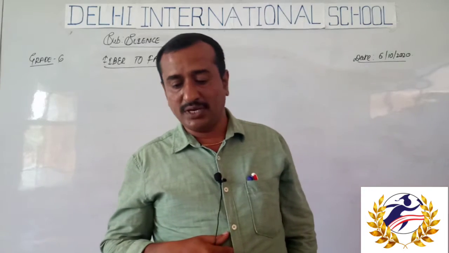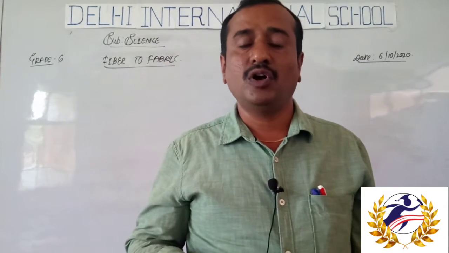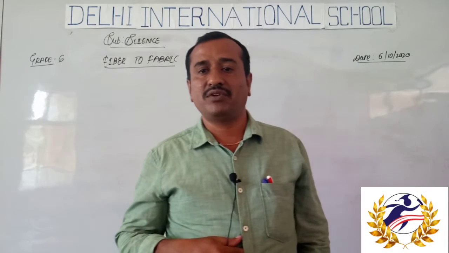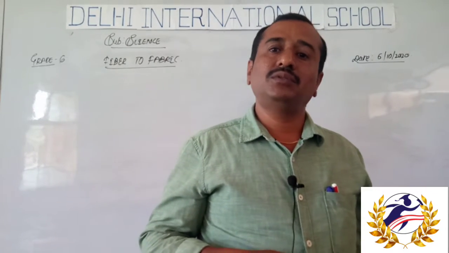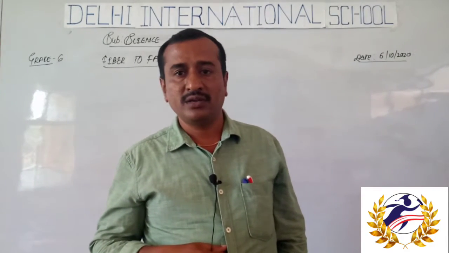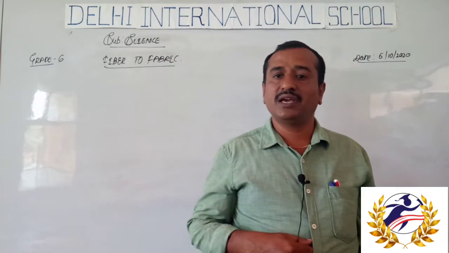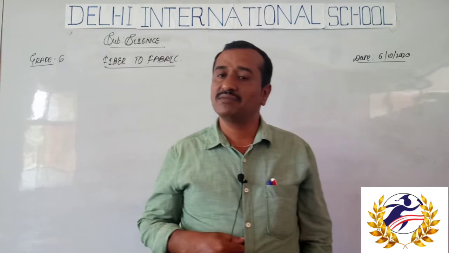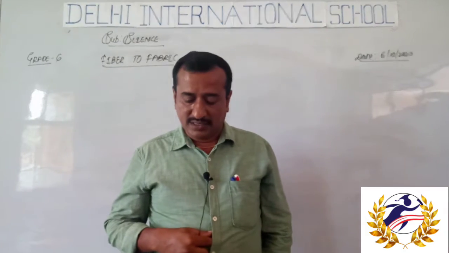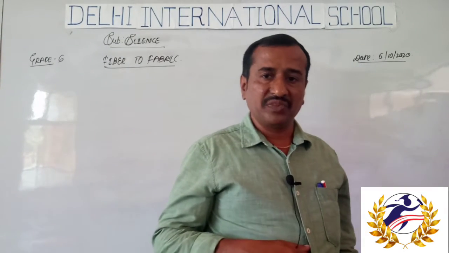When you come to the plants, which are they? Cotton and jute are examples of fibers obtained from plants. When you come to fibers obtained from animals, what are they? Silk and wool, right?